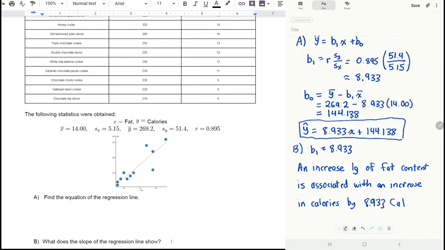Okay, and calories, well, they're measured in calories.